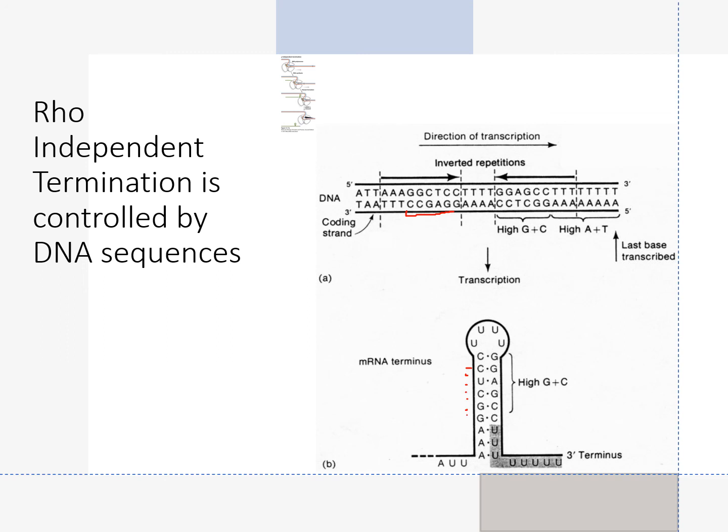That'll be a relatively stable structure because it's GC rich. A little loop at the end of U's, and then it also has some more A's which get transcribed to U's just past the loop. And this element, when it interacts with the polymerase, causes the polymerase to dislodge, and that transcription of that gene is done, and then the polymerase can scoot back to the beginning and start again, or start on another gene.